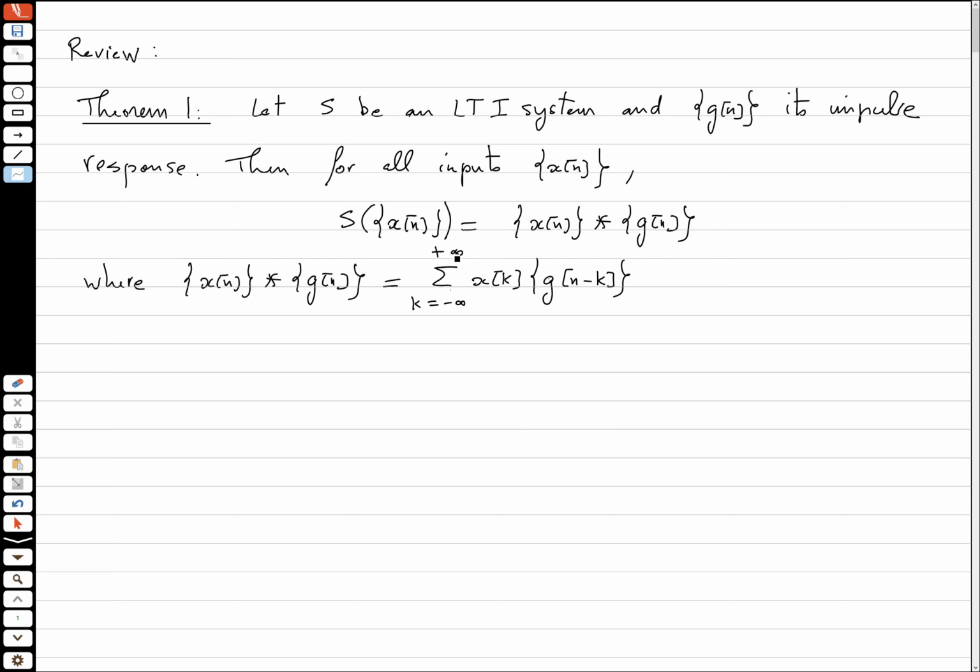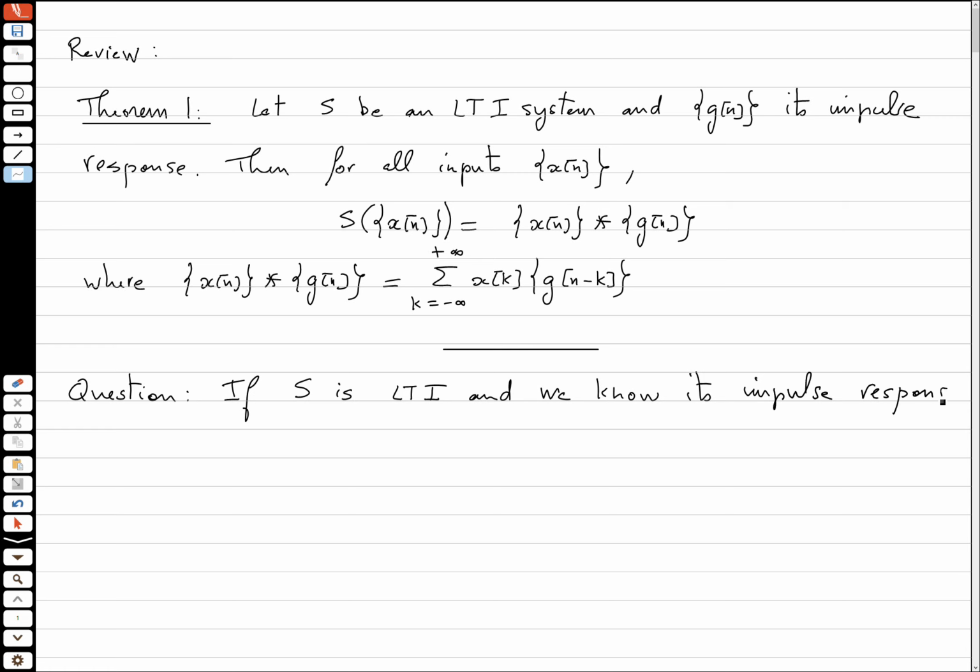All right, so this is the very important theorem. So now, as an application, I have this question. If S is LTI and we know its impulse response, question, do we know S?